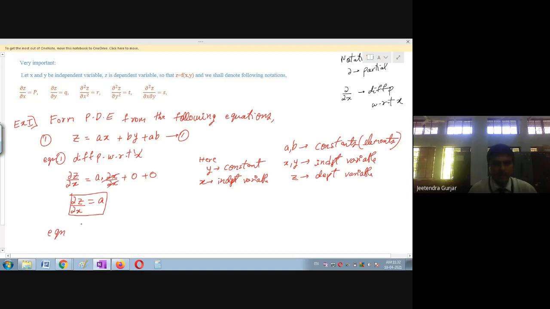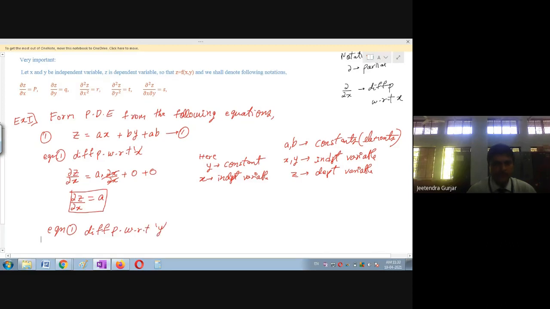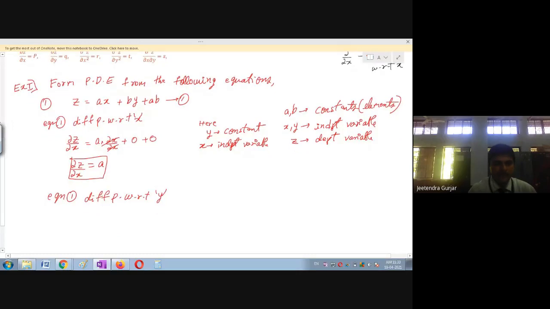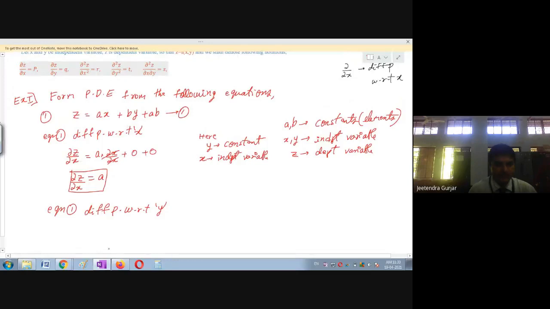So next, I have to eliminate B. Therefore, equation 1, differentiate partially with respect to y. Try to do this, students. Okay, so now you can see.